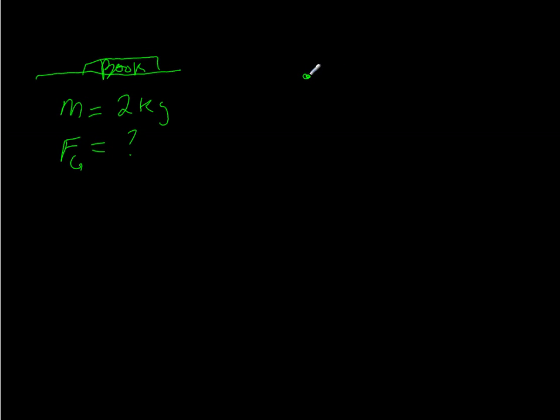When we draw the force diagram of our book, which is the system, my downward force is the force of gravity on the book by the earth. And then I have an equal upward force, which we're going to call the force normal on the book by the surface.